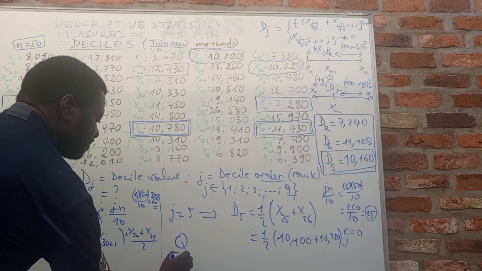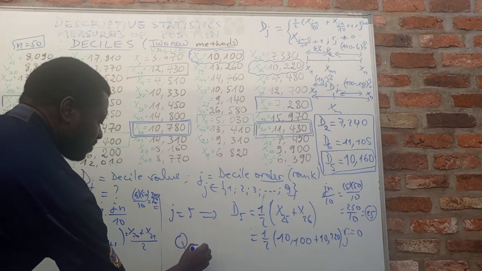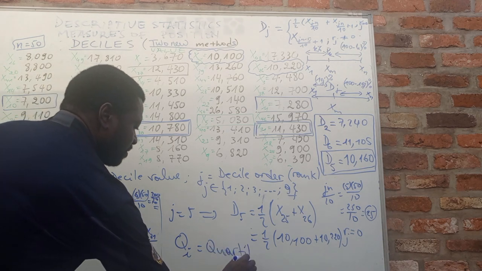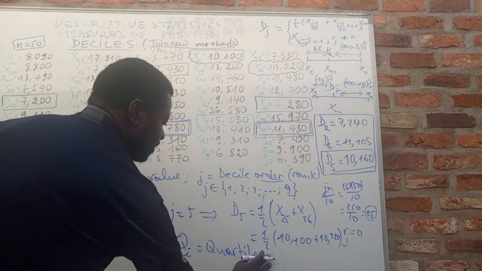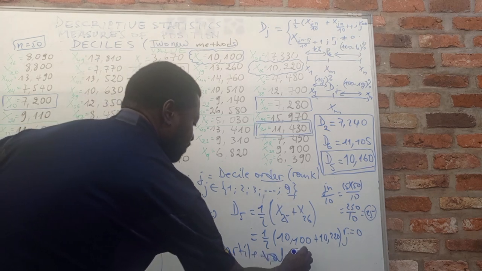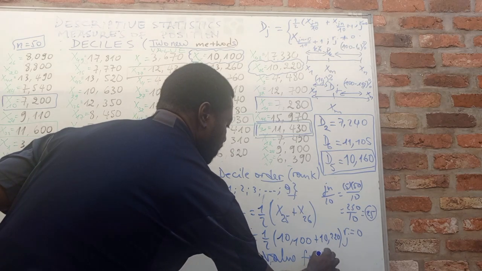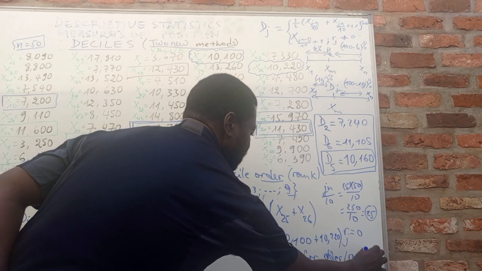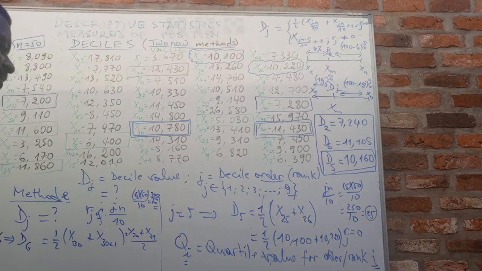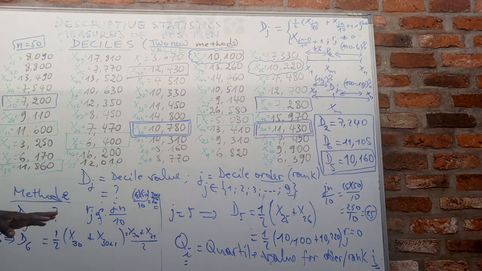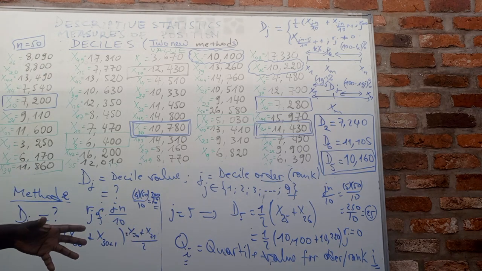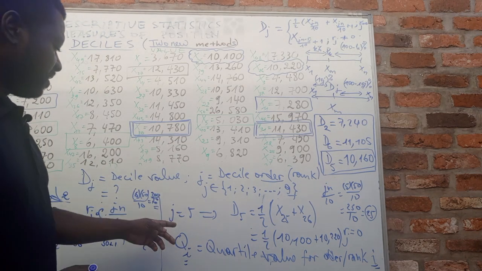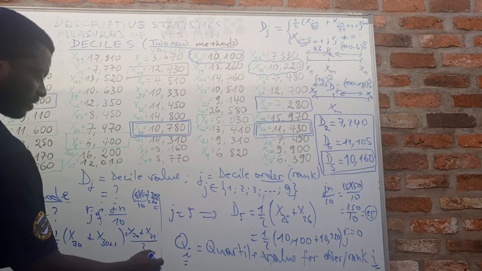They will be quartile of order, suppose I. Quartile value for order or rank I. This rank I. So an example of quartile is one particular case of a decile, which is at the same time a quarter, when I is equal to some number.